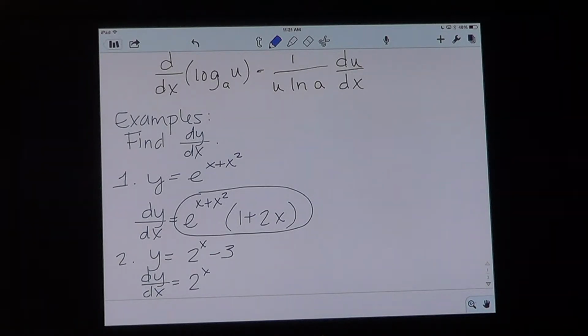The minus 3 here is separate. So like remember we take the derivative of each part. So the derivative of the minus 3 is going to be 0, so we don't have to worry about that. So really we're just taking the derivative of 2 to the x. So 2 to the x times what? ln 2. Yes, ln of 2. Times. That's it.